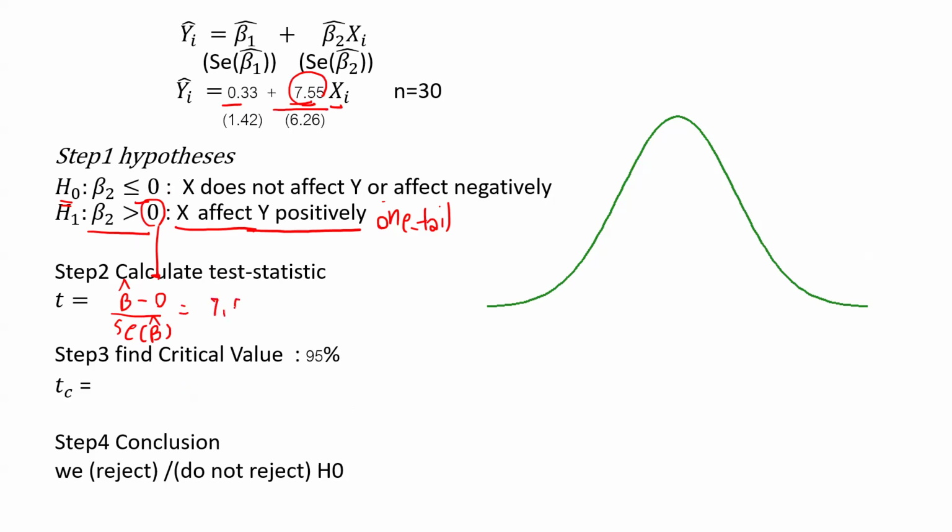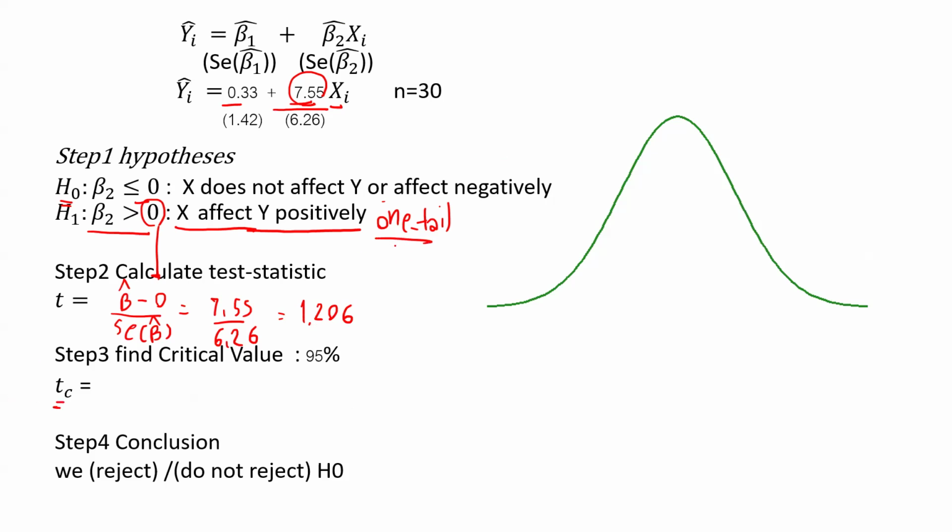So 7.55 over 6.26, which is 1 point something, 1.06. Just keep it first because you have to go to the third step to find the critical value.